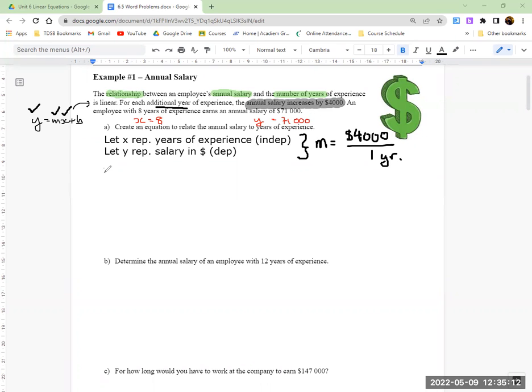So let's write this down. M is 4,000 per year over 1, X is my 8, and Y is my 71,000. Does that look familiar from Friday's lesson? I don't have B, but you have M, and you've got X and Y.